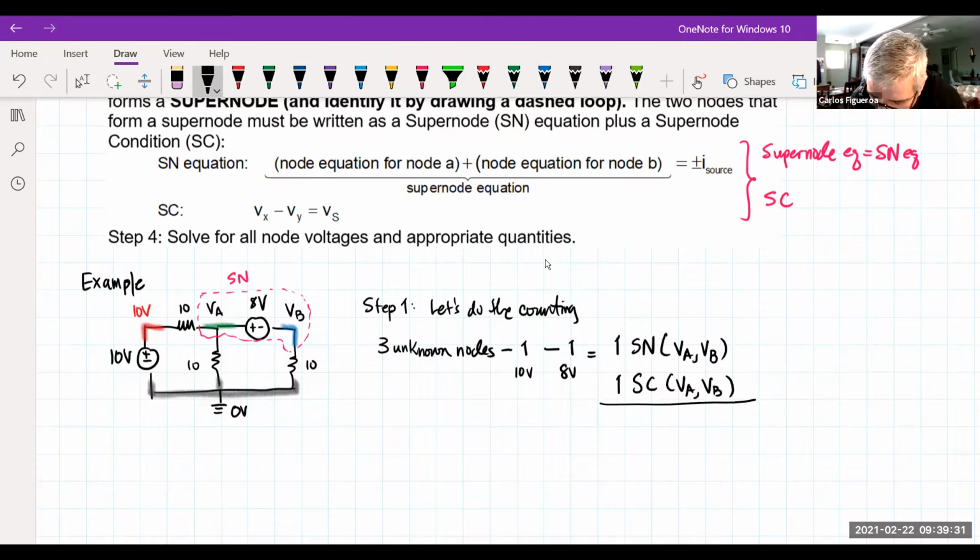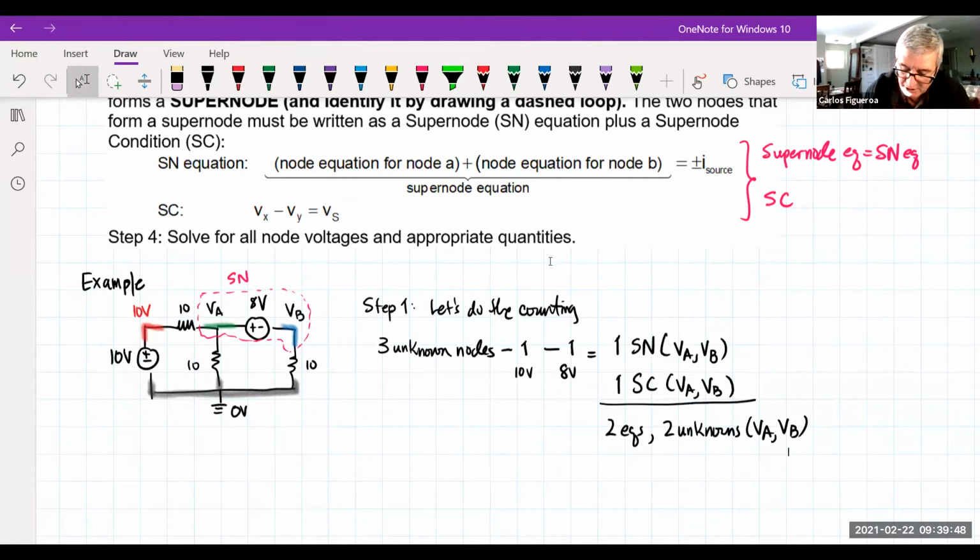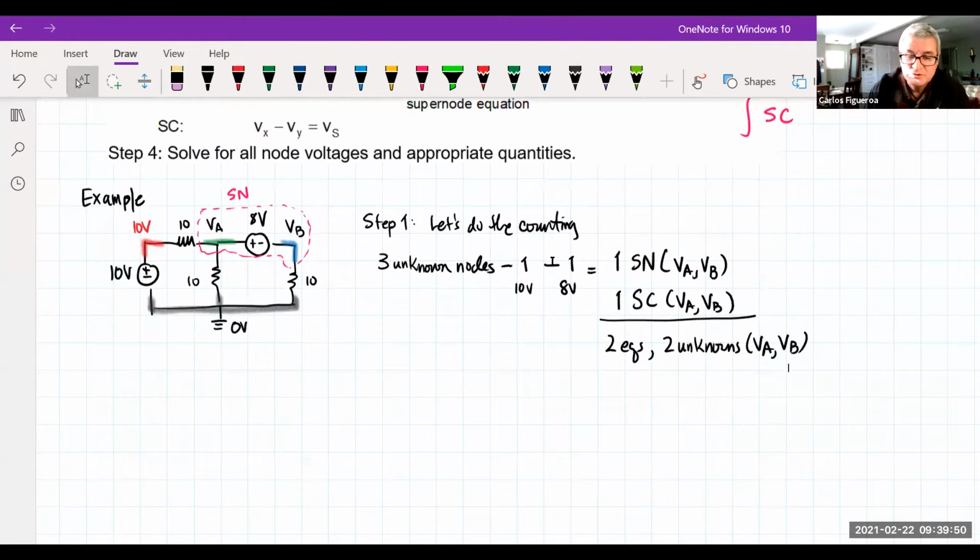So what you're seeing here is that now I have two equations and I have two unknowns. What are my two unknowns? VA, VB. So I have two of them. So I know that I have one supernode.